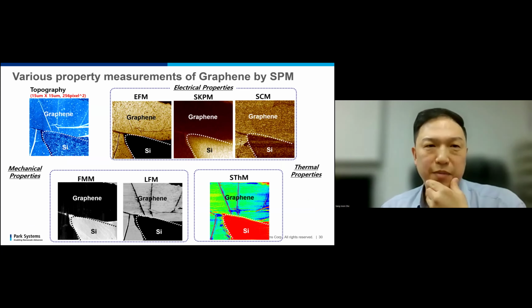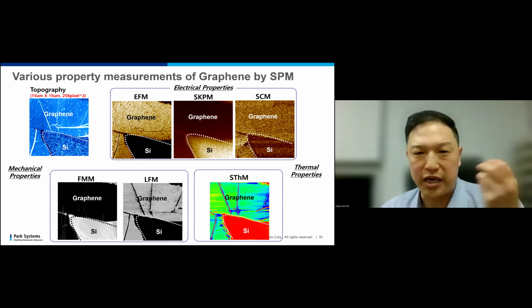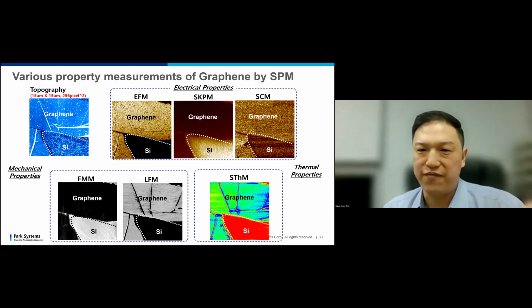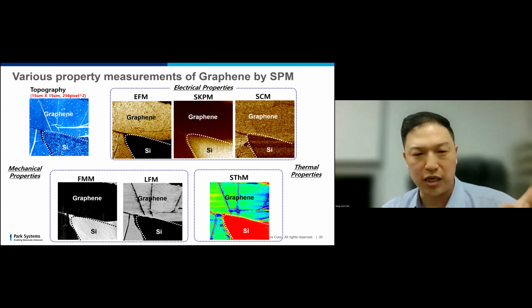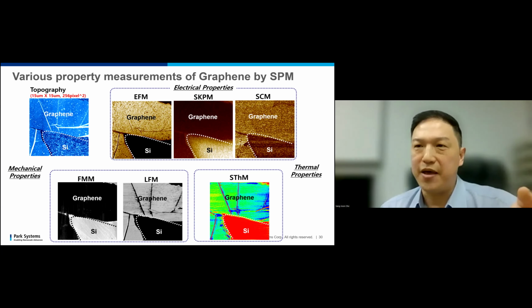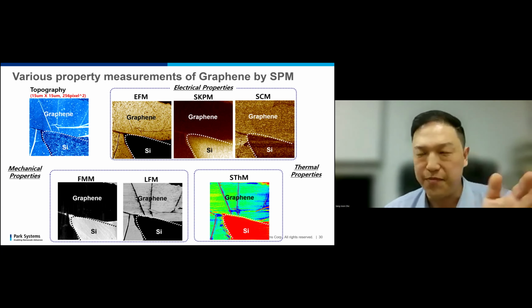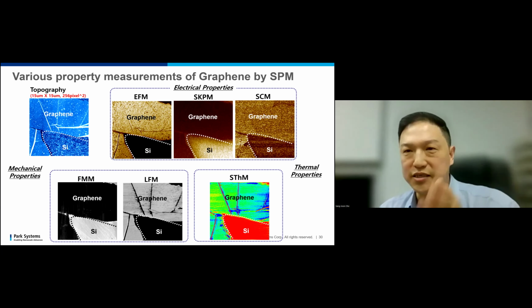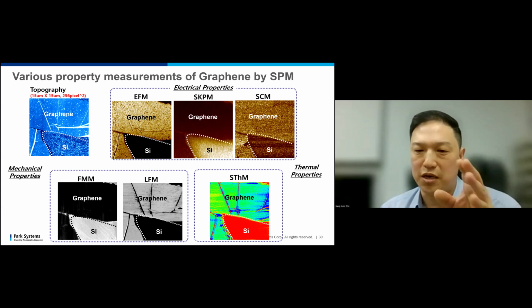SPM technology could provide various property characterizations: in electrical mode, potential in SKPM, current in EFM, and capacitance in SCM; FMM for mechanical properties; LFM for tribology and lateral force; and scanning thermal microscopy to detect thermal properties.